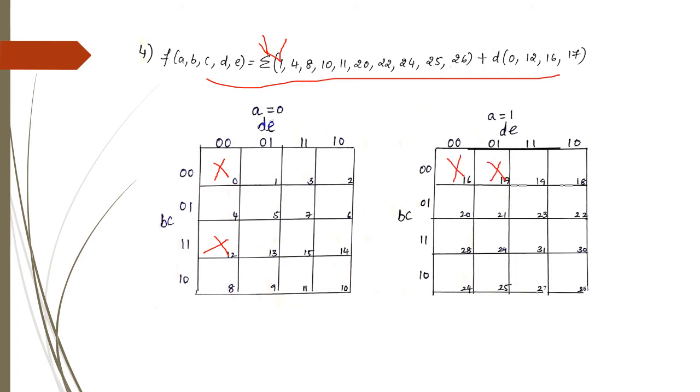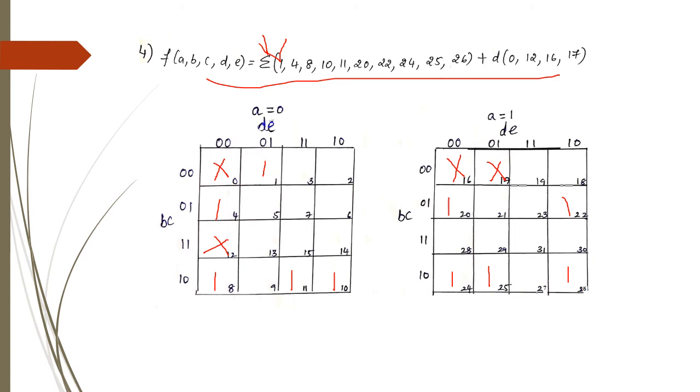Similarly, the remaining cells I fill with 1: 4, 8, 10, 11, 20, 22, 24, 25 and 26. This is how I place the cells.